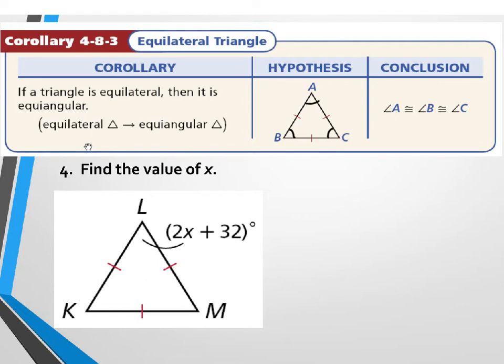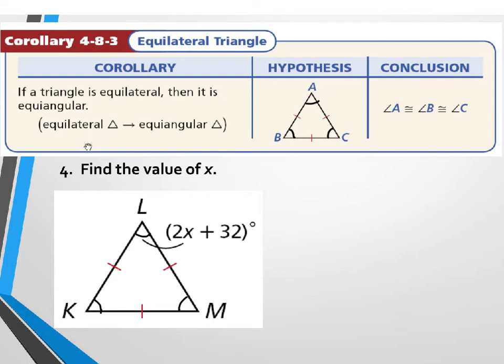So let's apply that in this exercise that I have for you. It says find the value of x. Well, we have an equilateral triangle, so therefore it is equiangular. Now, to figure out what x is, all these angles are equal to each other.